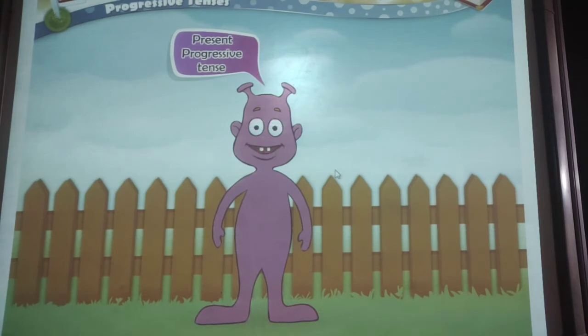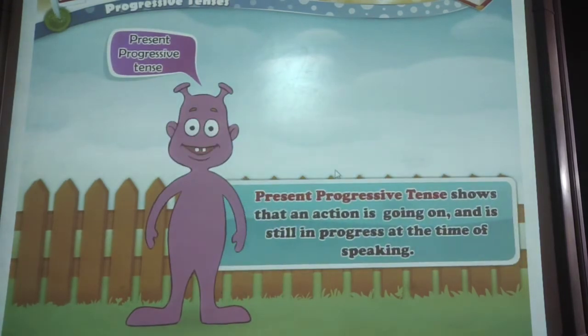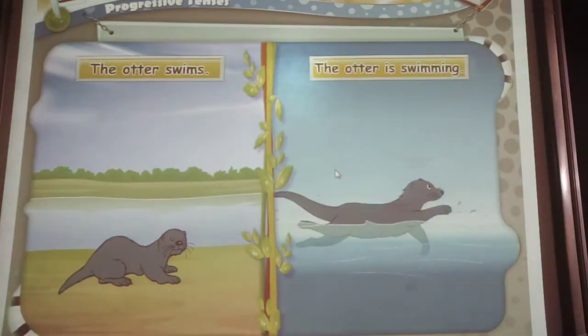Hey, let me tell you more about myself. The present progressive tense. The present progressive tense shows that an action is going on and is still in progress at the time of speaking. Look at these two sentences.